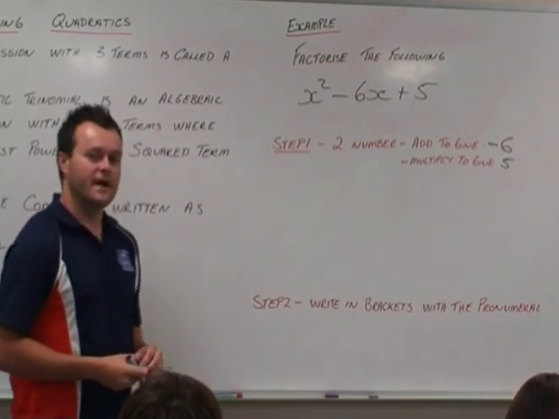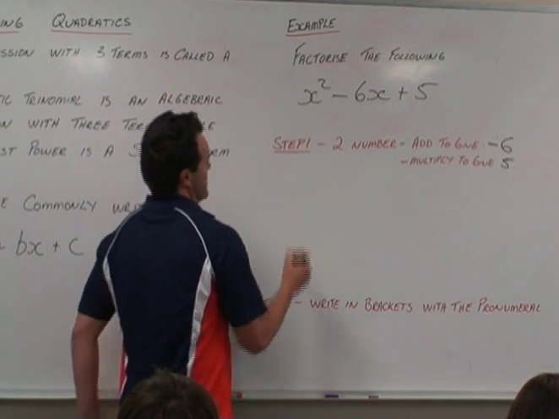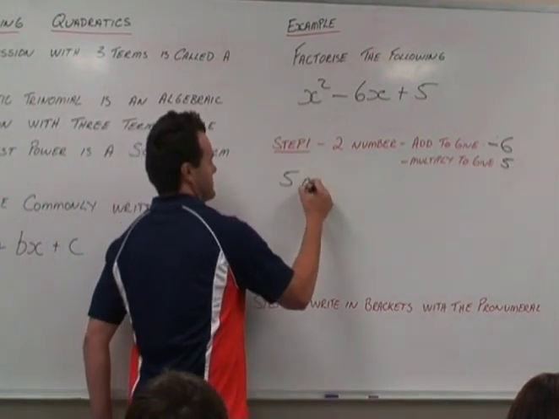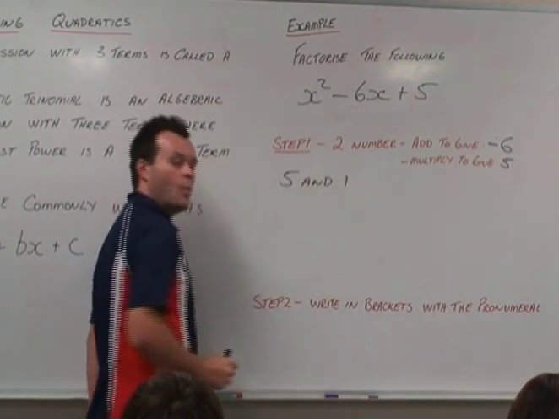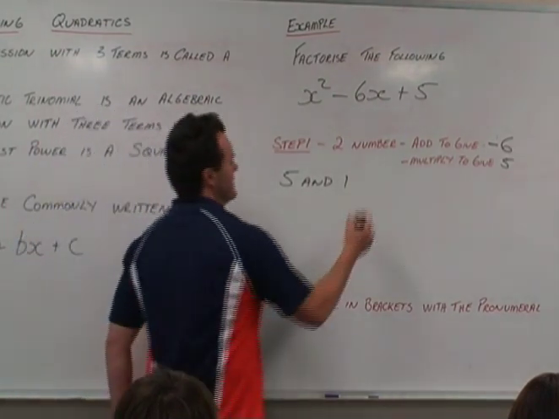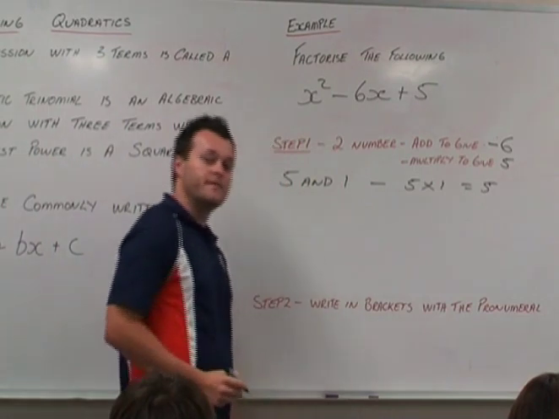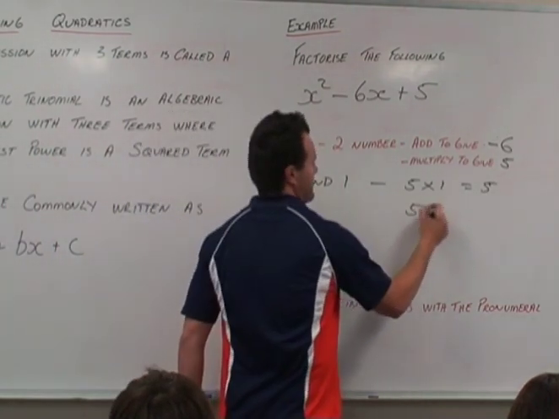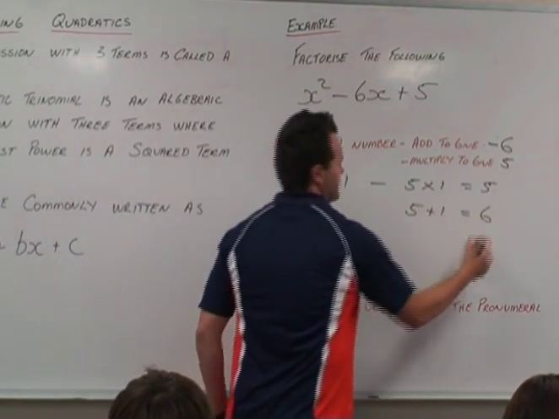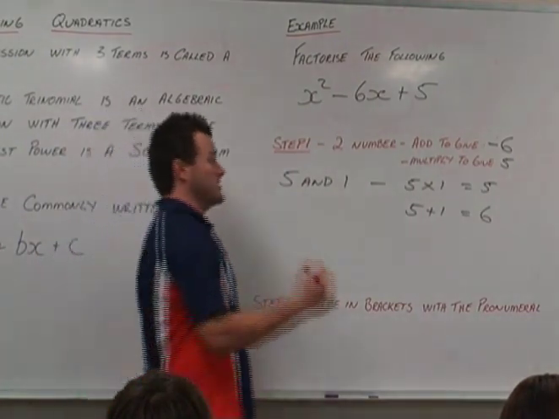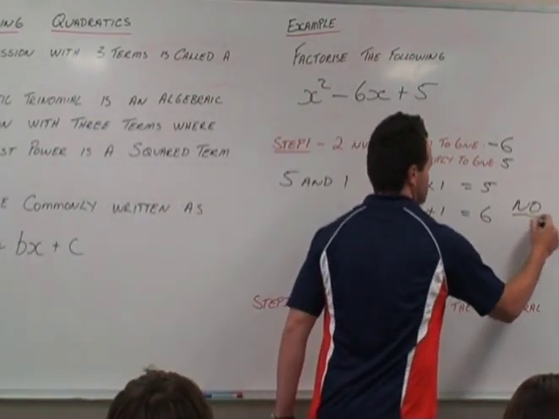So we're looking for all the factors of 5. Quite simply, 5 and 1 are factors of 5. We know 5 times 1 equals 5, but 5 plus 1 gives us 6. So we're not going to use those numbers.